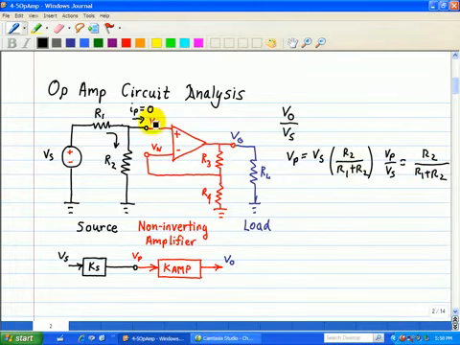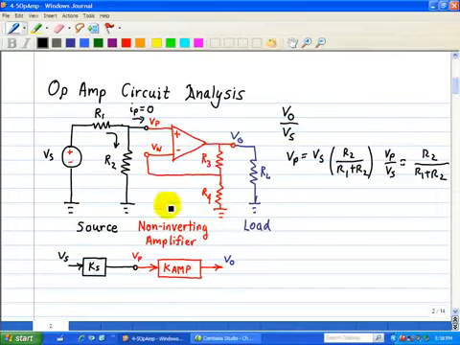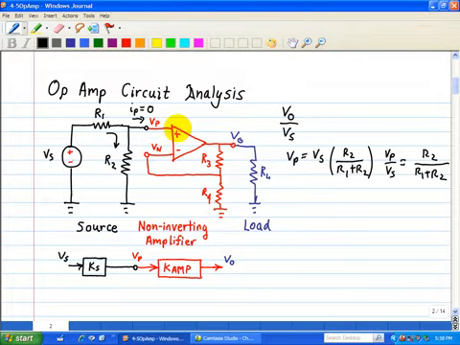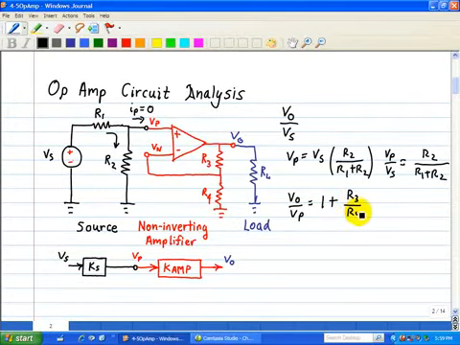Now, what's the relationship between VP and VO? Well, we recognize that this configuration is a non-inverting amplifier, and we know that VO divided by VP is equal to 1 plus the feedback resistor R3 all over R4 in this example.